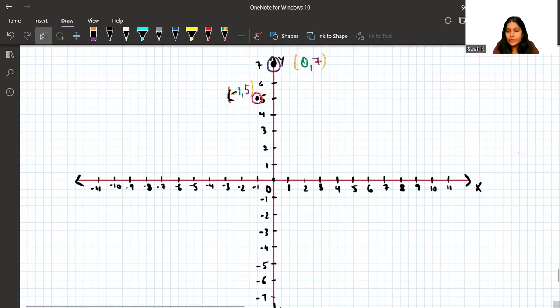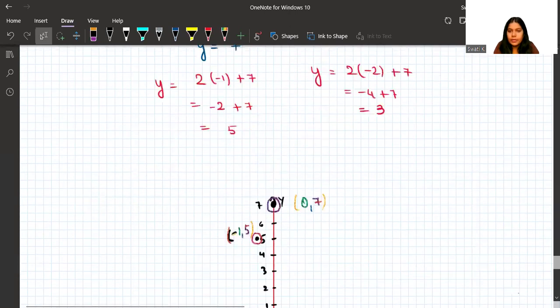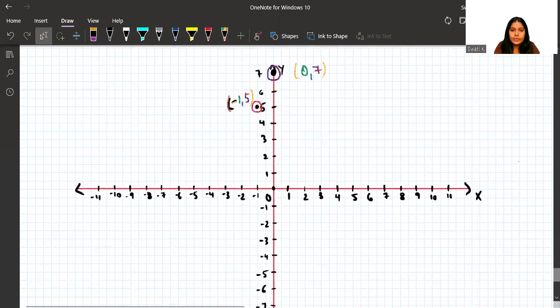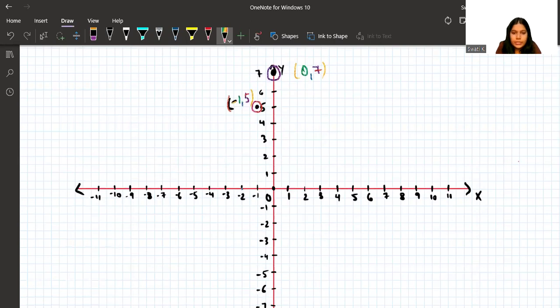Now the next one that we have is, (-1, 5) is done, (-2, 3). So where is -2? -2 is of course here, and 3 is going to come over here, right? So this is your point, which is (-2, 3).